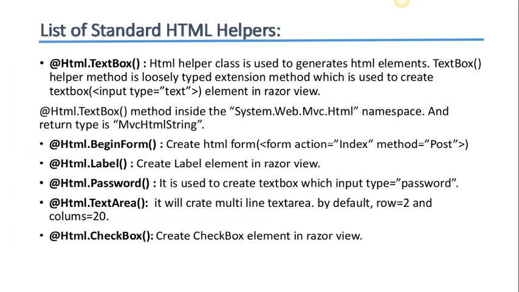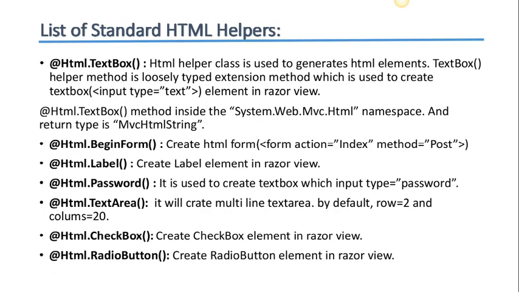Next is the checkbox. @Html.CheckBox is used to create the checkbox element in a Razor view. The checkbox method is an extension method, and it has a list of overloaded methods, so we can go one by one and understand them.